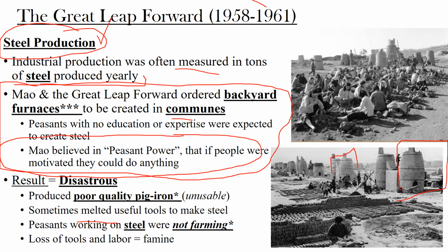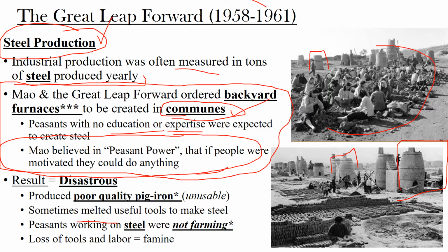And every commune, these mass government-organized family unit work brigades, is going to have to build a lot of these, which again is time they're not spent farming. And they are going to have to create steel. They're going to have quotas of steel to produce. And you can't have peasants that have no education or any expertise in making steel create high quality steel. It's just not going to happen.